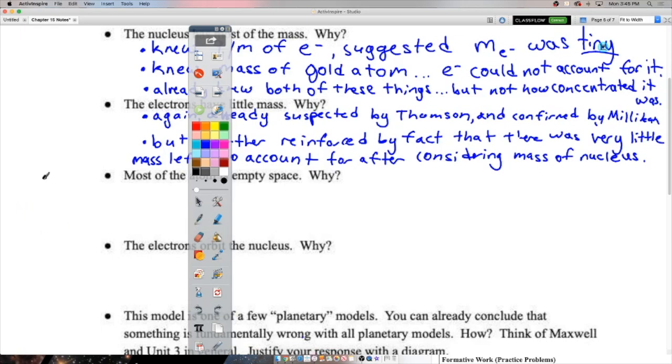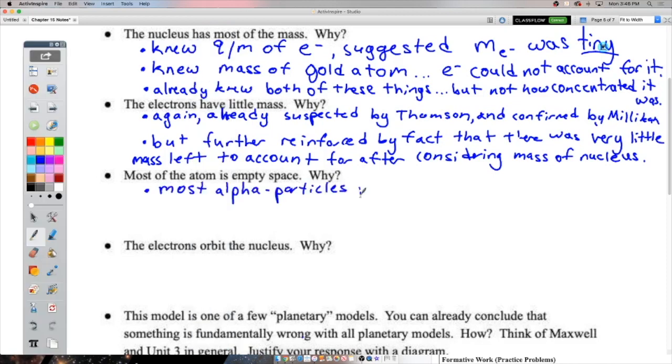Unless the very concentrated amount of charge as the atoms are packed together is at the center, and so most of the atom ends up being empty space. We'll actually also look at how Rutherford quantitatively calculated the size of the nucleus, but this is just looking qualitatively at how we can start to get there even just by thinking about it.